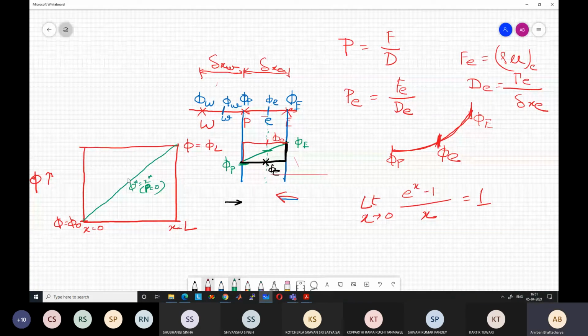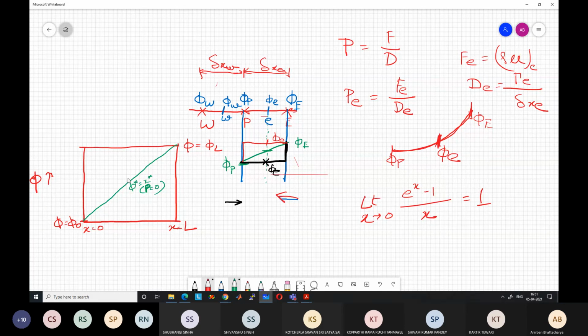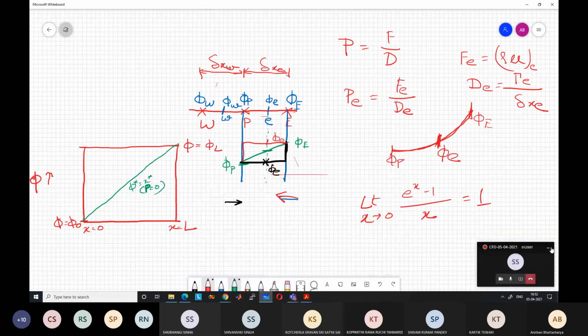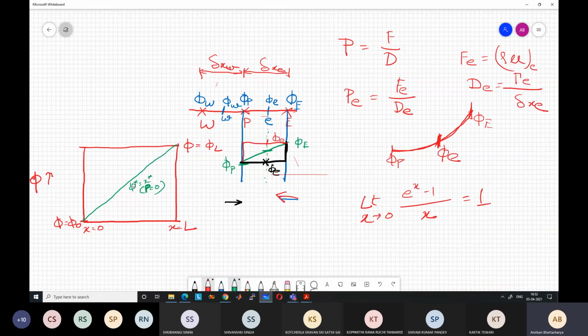Somebody has to respond. Otherwise, I will not go forward. You guys are there or not? Tanmay, what is the relative strength of convection and diffusion for this green line?